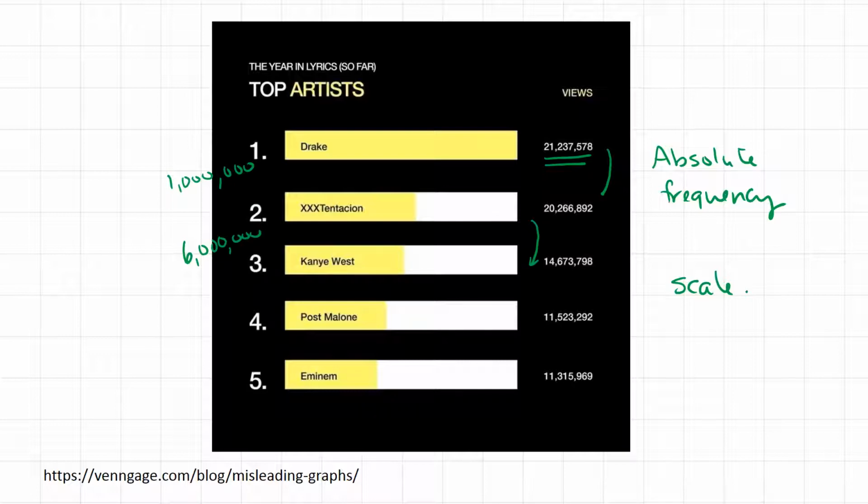But notice how much the bars are different. These bars here are very close together, so these numbers should be very close together, and they're not. Whereas really what's close together are these two, and yet these bars don't look the same at all. So this is a place where the actual bar graph is misleading.